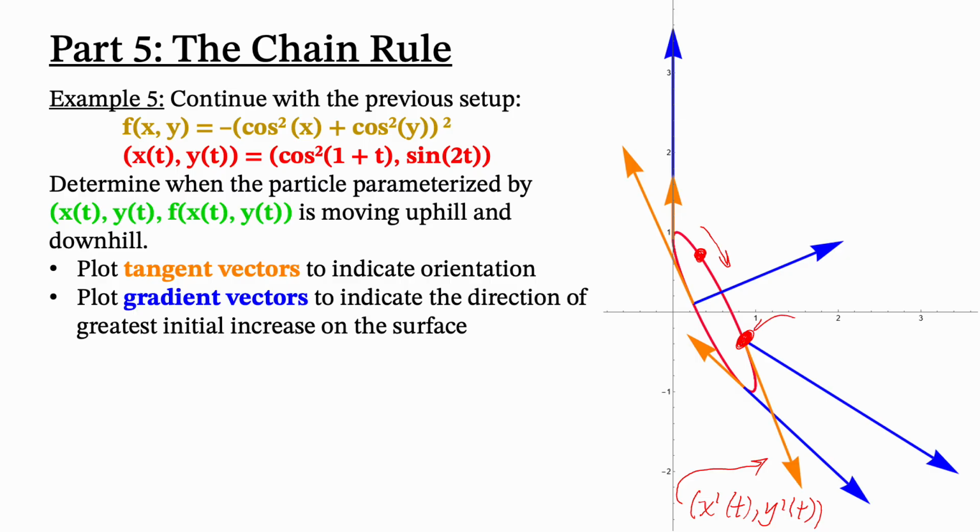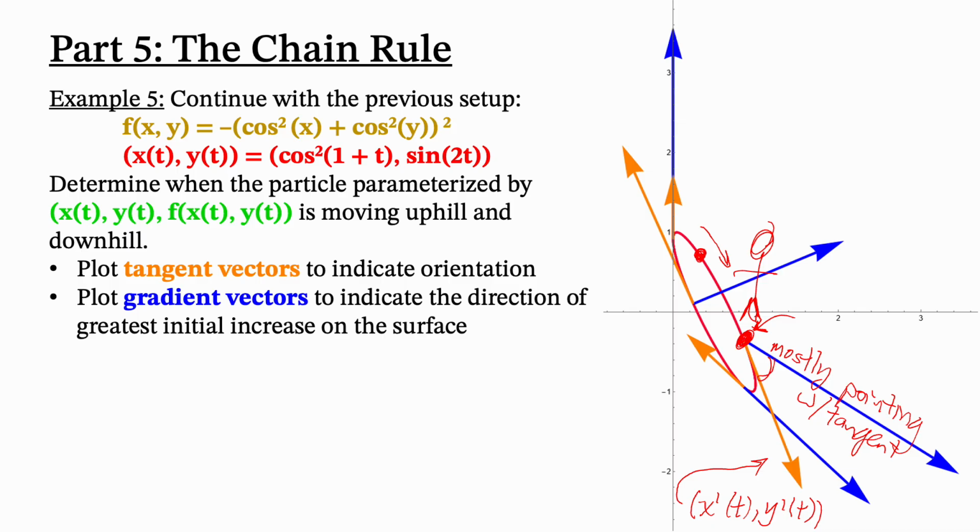Like suppose you're standing right here. If you're standing right here, so you're a hiker, and we know what direction you're walking in. You're going in this clockwise loop. And we also have this compass reading. We could see that the gradient vector is mostly pointing with the tangent vector.